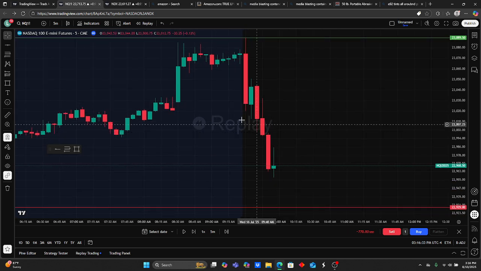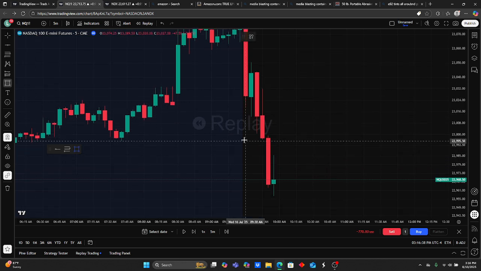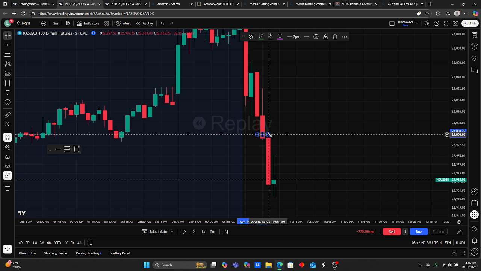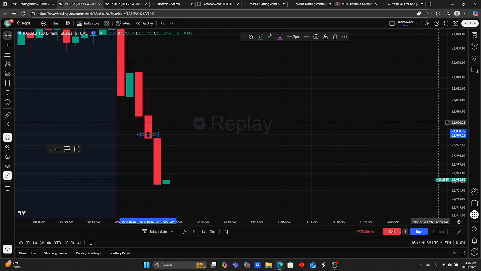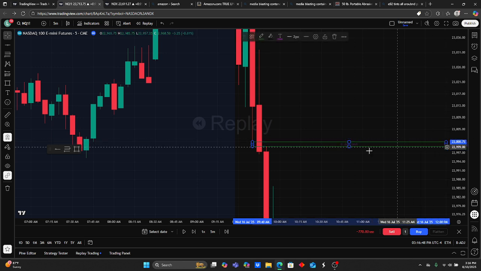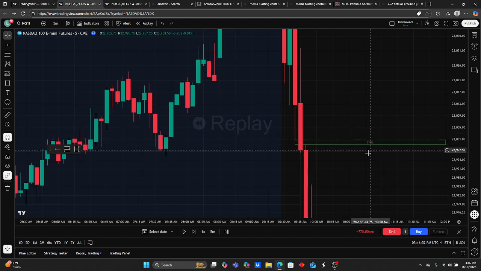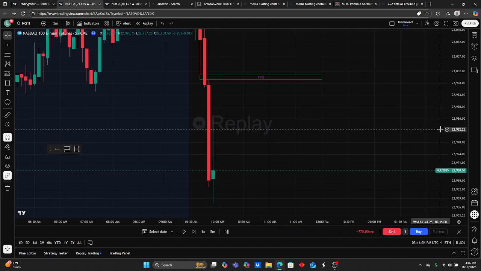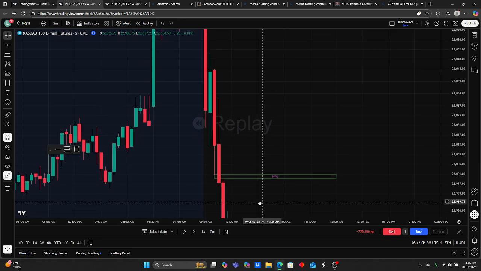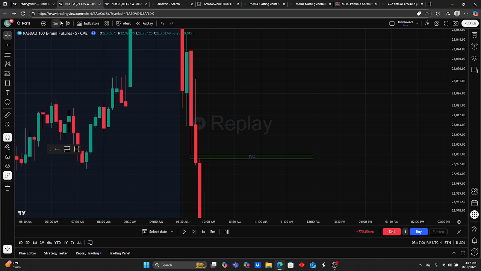We have this small fair value gap here. Small fair value gap, bigger fair value gap here, and this fair value gap is from the 9:30 candle, so we're not gonna count that.